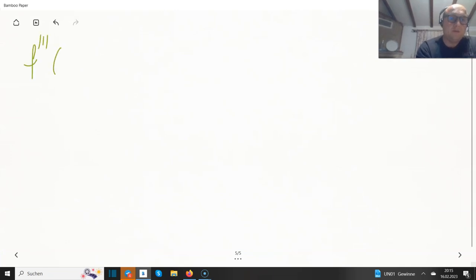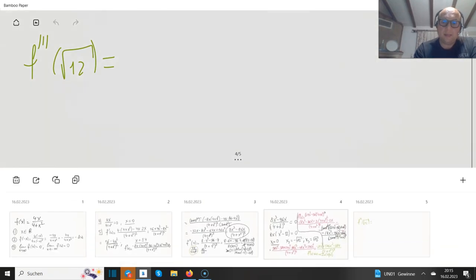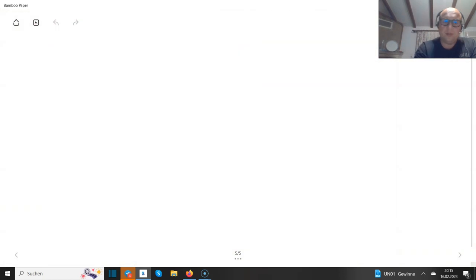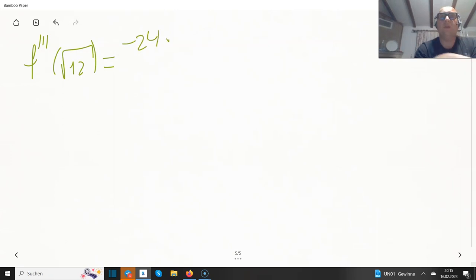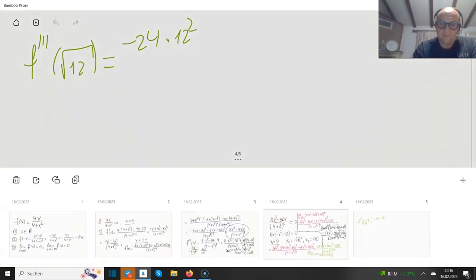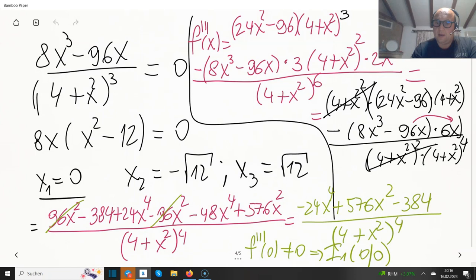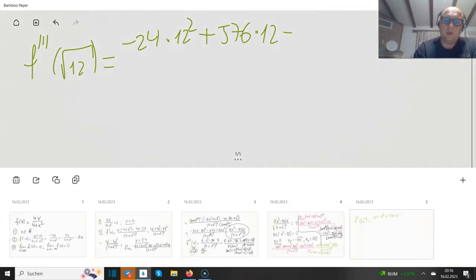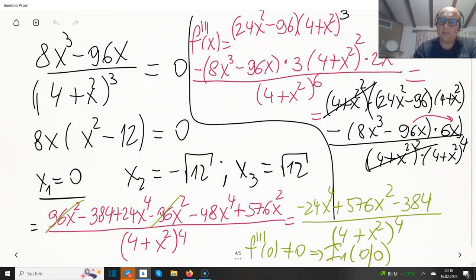The third derivative of square root of 12, let us estimate. I don't need to compute exactly. Well, you see, squares are fine because we would have minus 24 times square root to the power of 4, which is just 12 squared. All right. 576 times 12 minus, I think it was 384. Am I right?